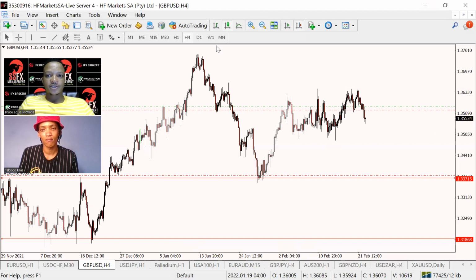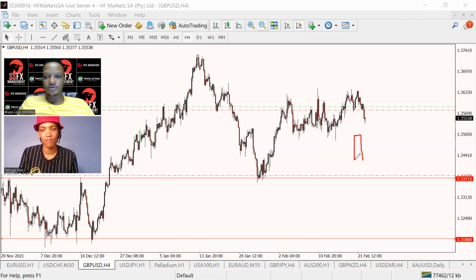Let me just try to draw it because I can't see anything. Let's say this is one candlestick there, a bullish. Okay, let's just say it's a bearish because it's red. So this is the open, and this is the close.